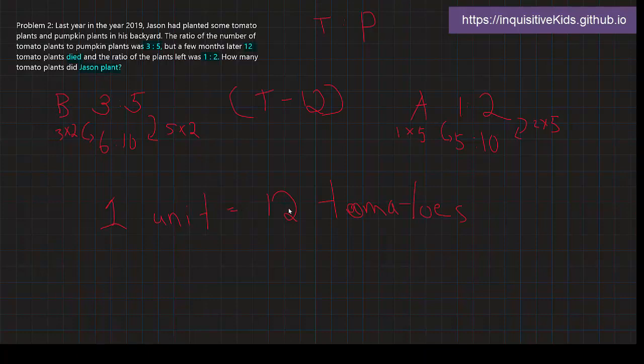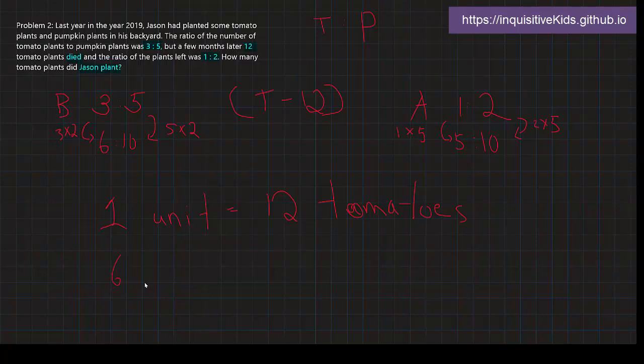Okay, so we definitely do not have to look at any after ratios because it was asking for how many Jason planted in the first place, how much he planted at first. So the tomato plants had not died yet. It was still at the beginning. Nothing has died yet. And we can't multiply it by the 3 over here because the 6 was the one that was helping us find the unit. It was the one based on that unit that we have right now.